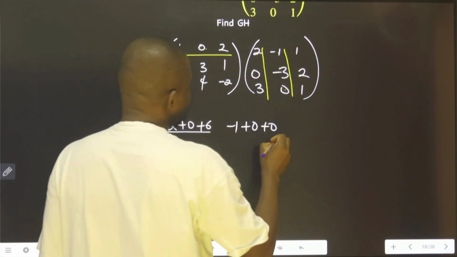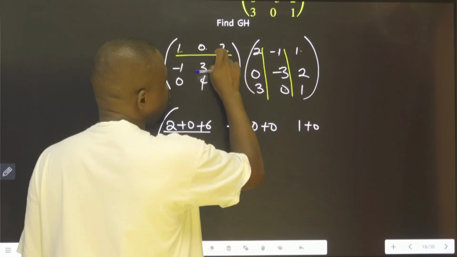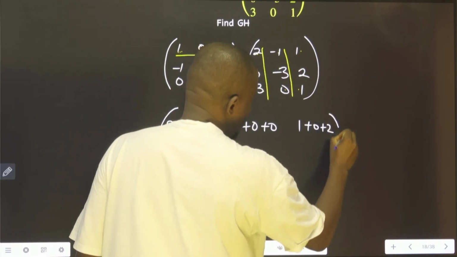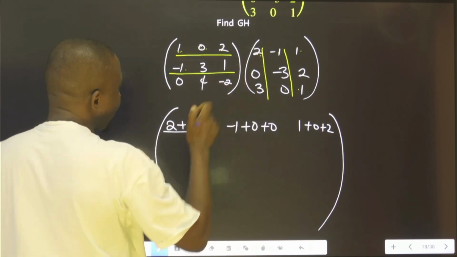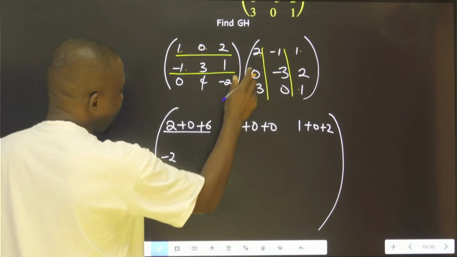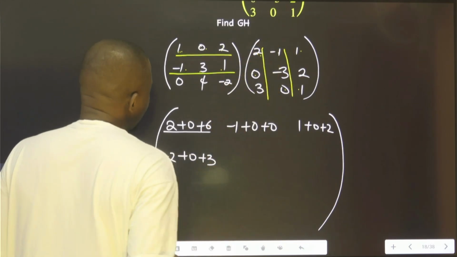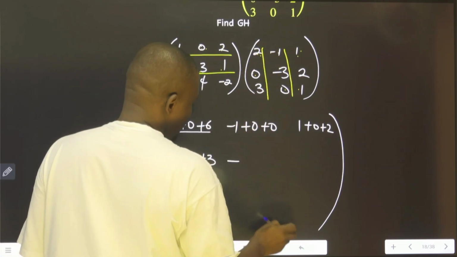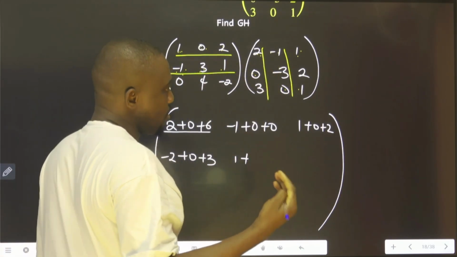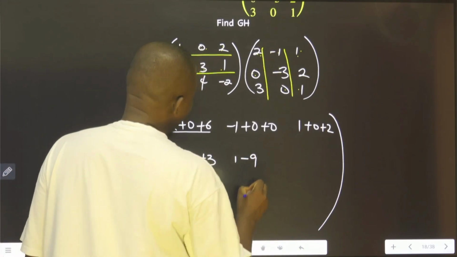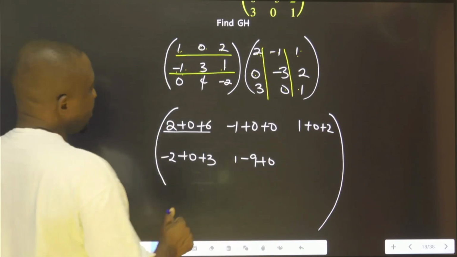After that, the last one, that is 1 multiplied by 1 is 1. 0 multiplied by this is 0. 2 multiplied by this is 2. Then we go for the second row. This multiplied by this is minus 2. This multiplied by this is 0. This multiplied by this is 3. Then we go for the next one. This and this is plus 1, which is 1. This multiplied by this is minus 9. This multiplied by this is 0.